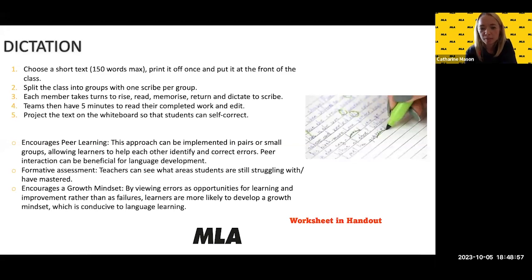Both were created using ChatGPT, actually, and we're going to have a couple of webinars in November all about how to use ChatGPT to create these types of texts, for example, and lots of other things that you can do with ChatGPT. But you'll find these two texts that you can use for dictations in your class in the handout.